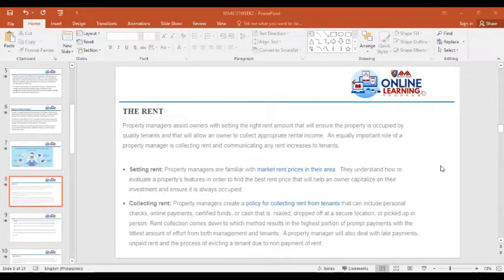Rent collection comes down to which method results in the highest portion of prompt payments with the least amount of effort from both management and the tenant. A property manager will also deal with late payments, unpaid rent, and the process of evicting a tenant due to non-payment of rent.